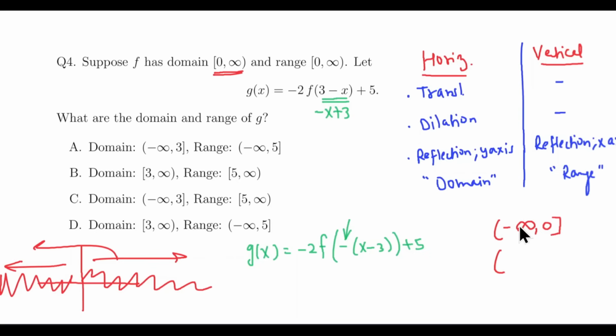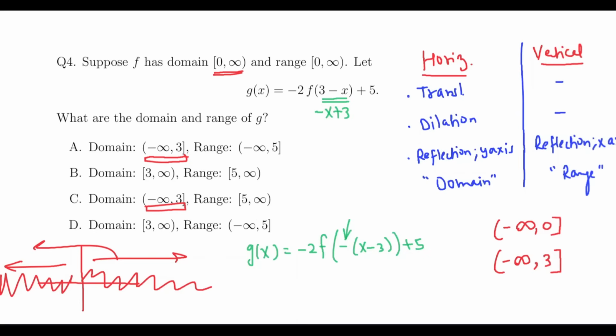Adding 3 to negative infinity won't really change anything. If you take 3 buckets out of an ocean, it won't really become a lake, right? It will still be an ocean. And you add 0 with 3, so it will become 3. So just by this, the answer has to be option A or C.